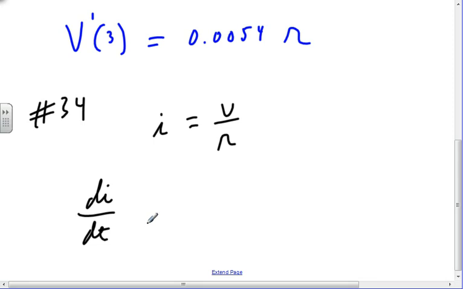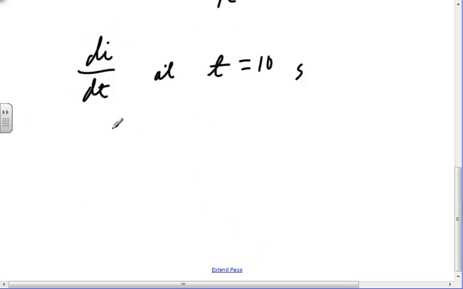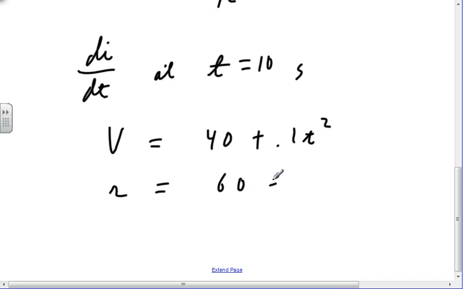And what do I know? At t equal 10. Okay, I could do that. V is equal to 40 plus 0.1 t squared, and R is equal to 60 minus 0.01 t.